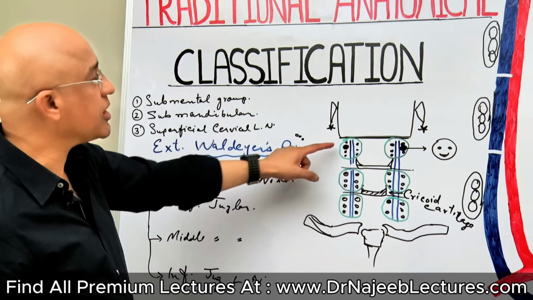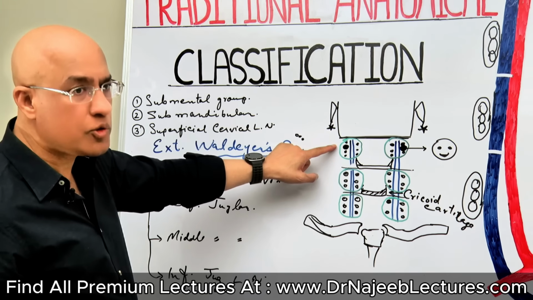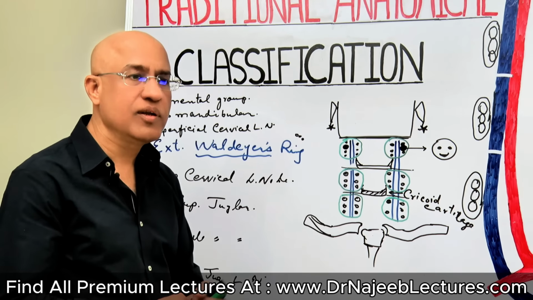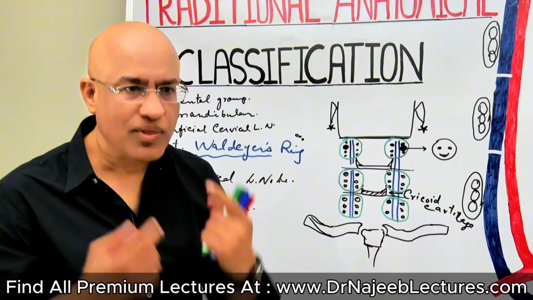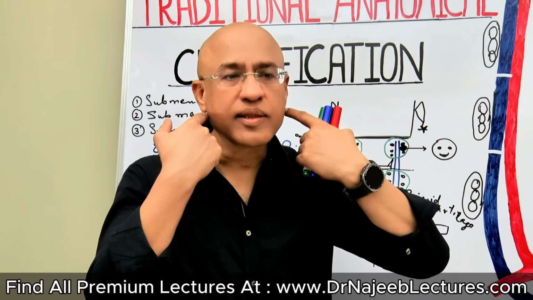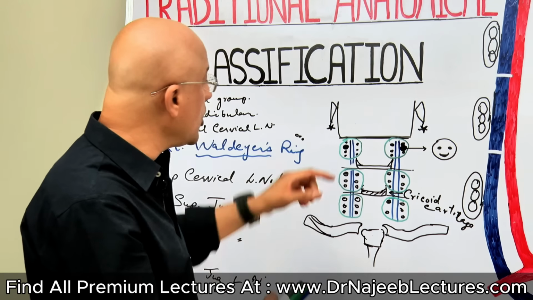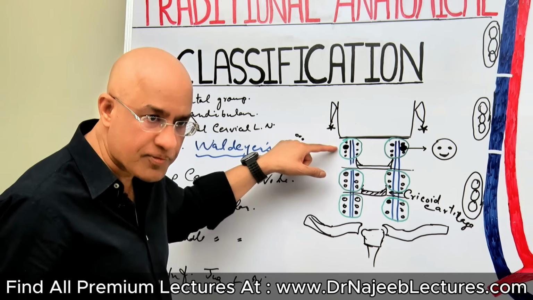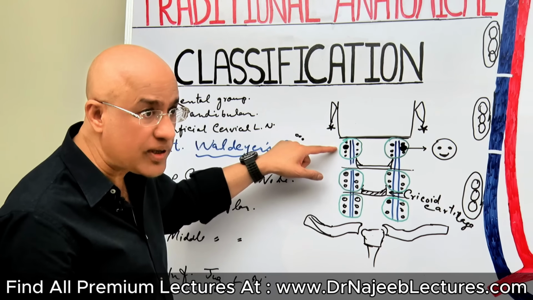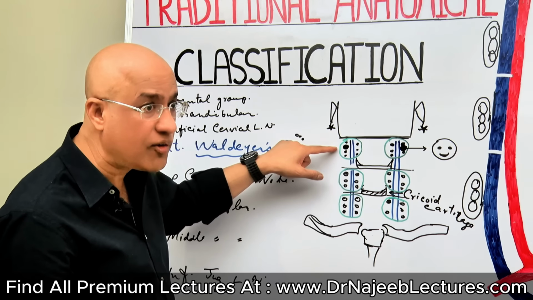And the second important point about the jugulo-digastric lymph node is that it drains the palatine tonsils. You know, the palatine tonsils mainly drain into the jugulo-digastric lymph node. And so, the tonsillar lymph node.